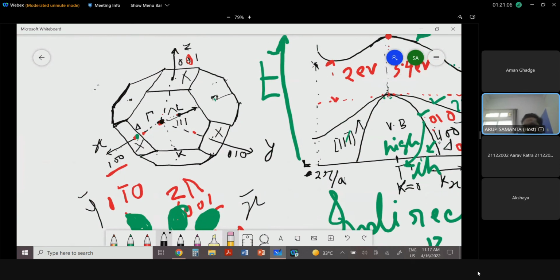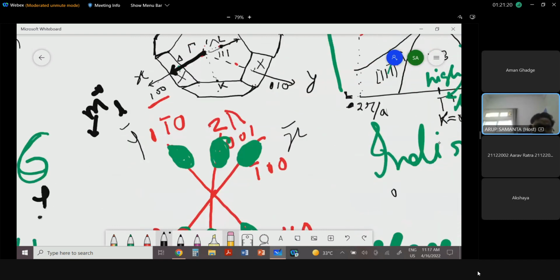If you move from the center of the Brillouin zone along this direction, it's called the longitudinal effective mass, ML star.